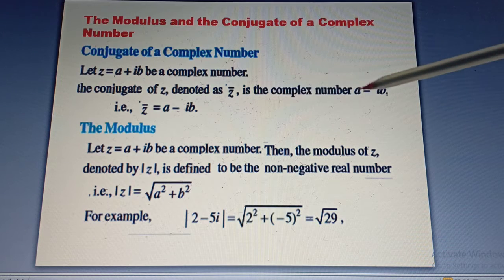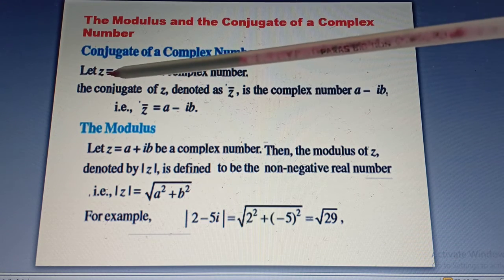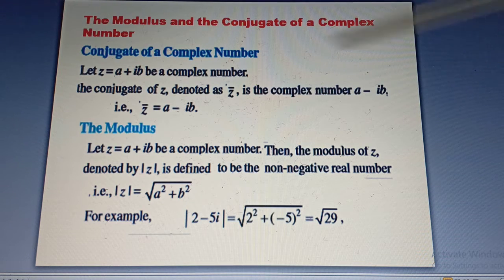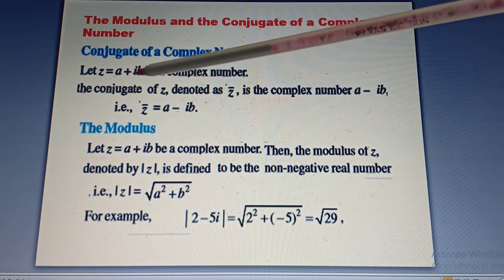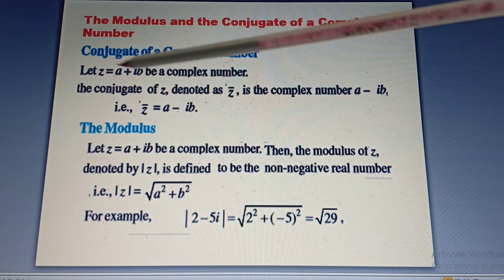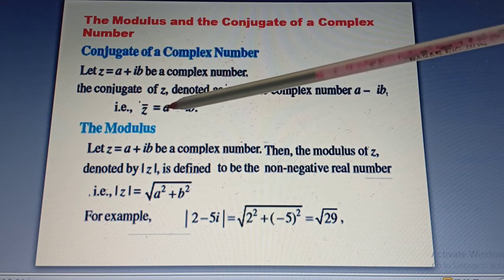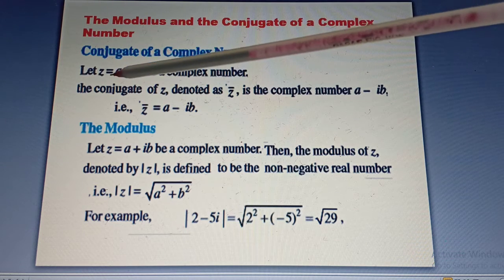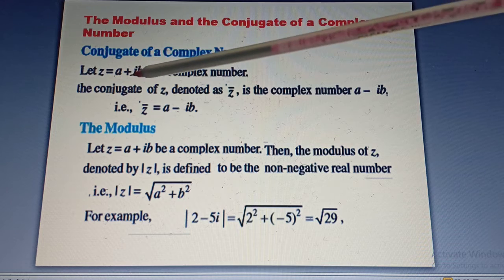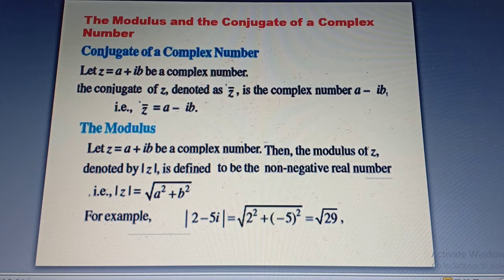If z is a complex number a plus ib, then z bar is the complex number a minus ib. Only the sign of the imaginary part will change, not the real part. So if it is a plus ib, z bar will be a minus ib, and if z is a minus ib, then z bar will be a plus ib. And these two, z and z bar, are called the conjugate of a complex number.